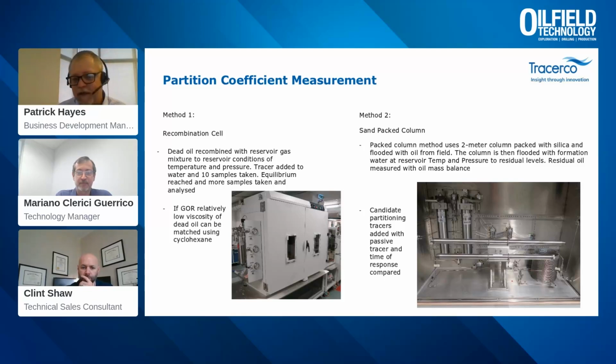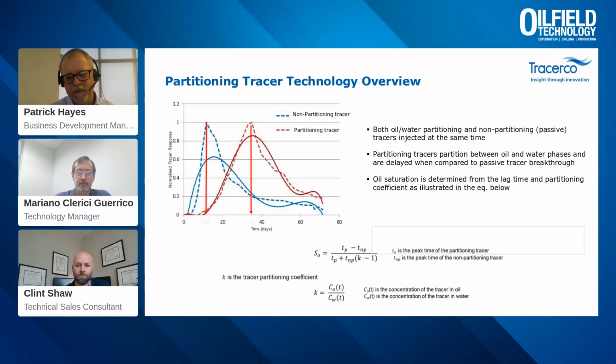So we take dead oil, we look at those partitioning coefficients to develop the right tracer strategy for your particular project. And this has been proven to be extremely successful and a great methodology towards the approach.